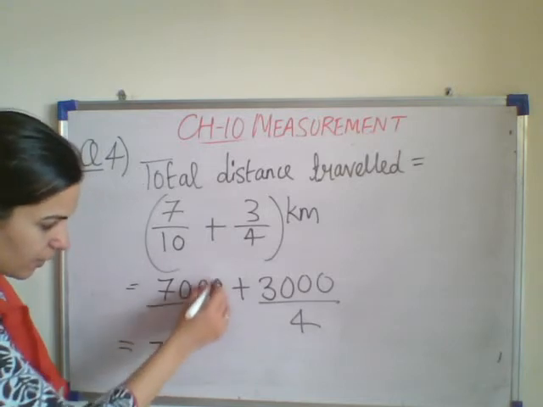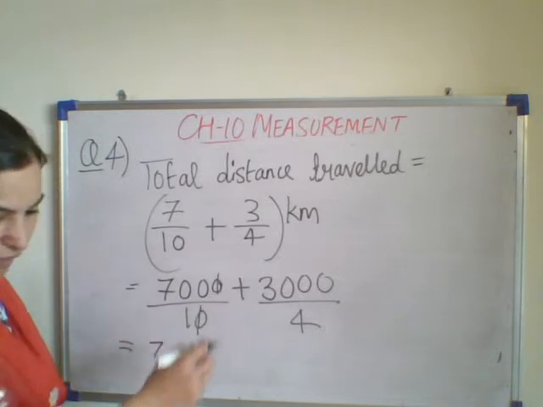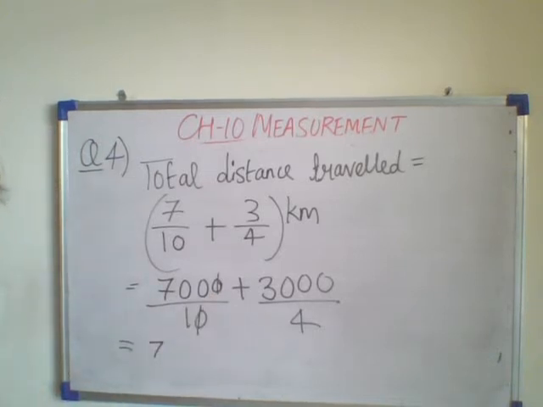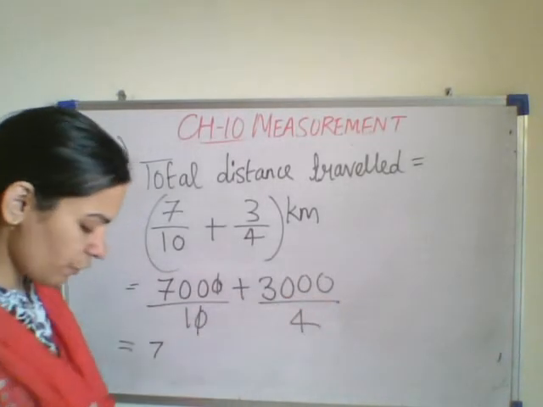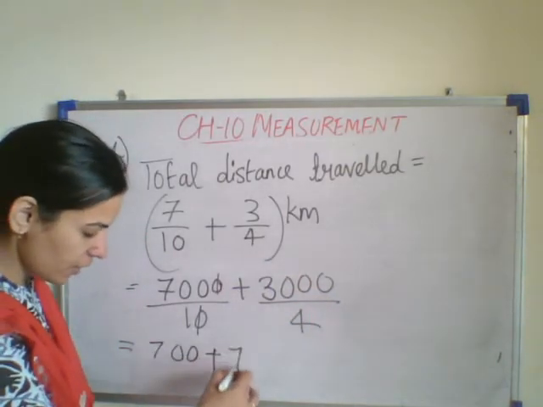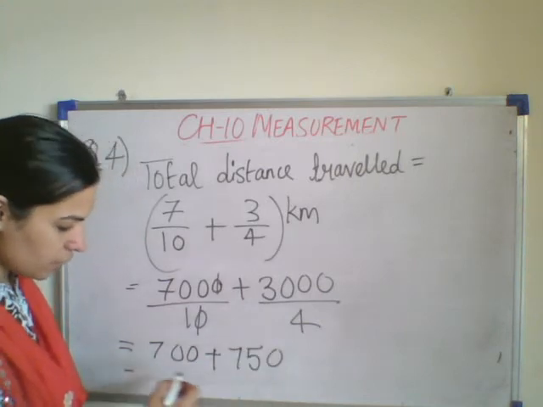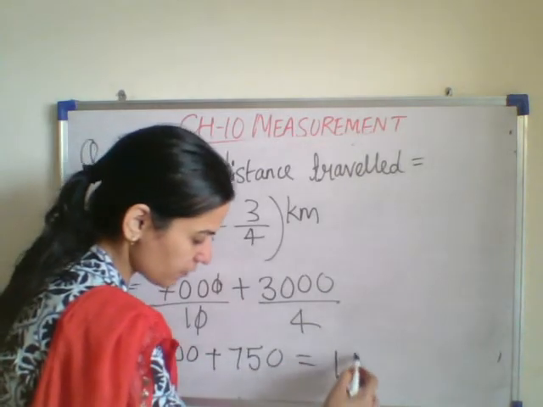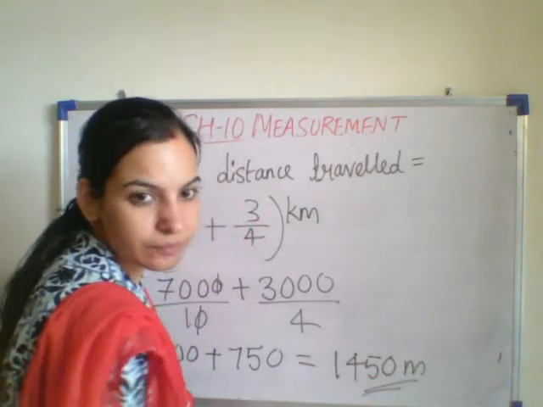The 0 and 0 got cancelled, and if we divide the 3,000 with the 4, we will be getting 750. So I could write directly 700 plus 750. If we add these two, we will be getting the answer as 1450 meters.